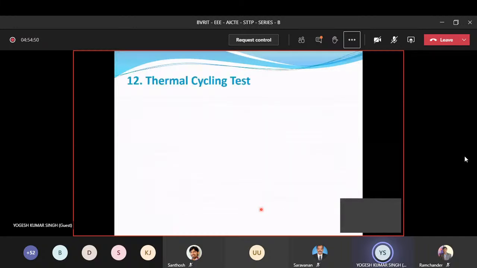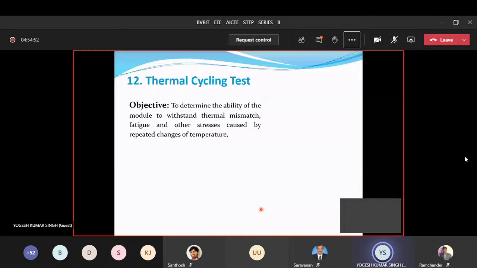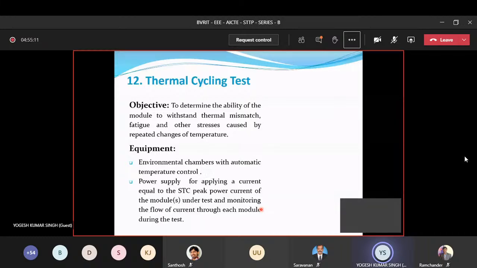First, an environmental chamber with accurate temperature control. Then we will require the power supply to provide current equal to the STC current, flowing through the module during the test.